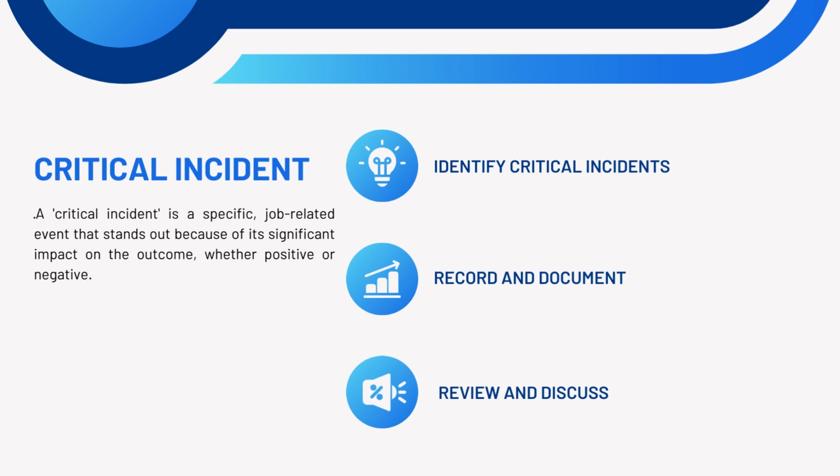And then afterwards, whenever a critical incident occurs, it should be properly recorded and documented. The record should include the context, what the employee did, and the outcome of their actions. It's important to be as specific and detailed as possible, as this will help when it's time to review these incidents.